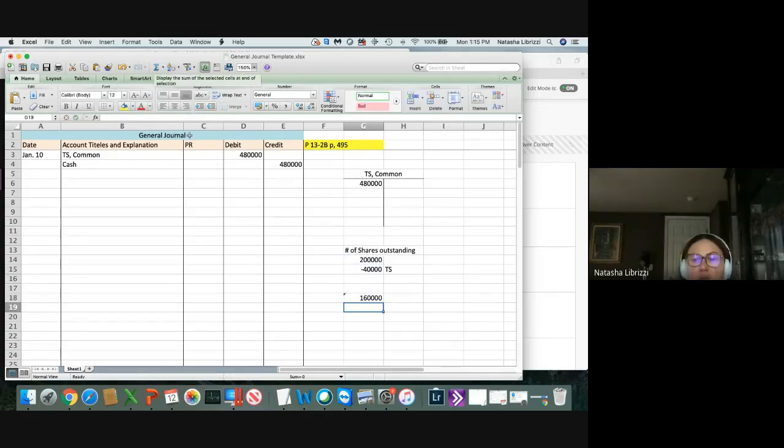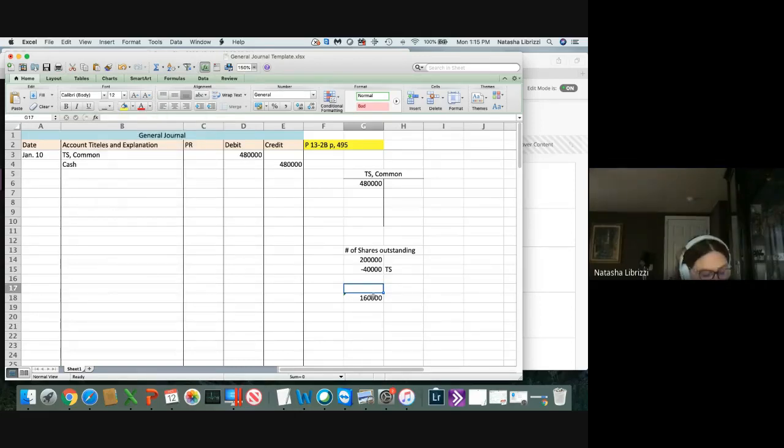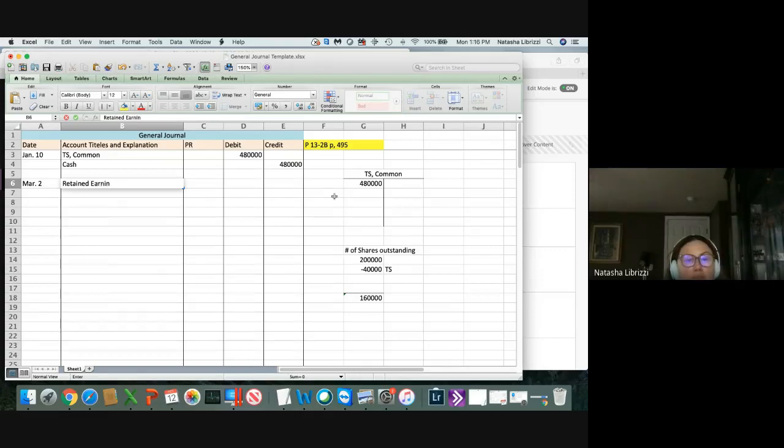When I issue my dividends, I cannot pay dividends to myself, so I'm paying dividends only on 160,000 shares. Keep that in mind. On the day of declaration, I don't necessarily write a check. What I do is reduce my retained earnings, and I will have common stock dividend payable.